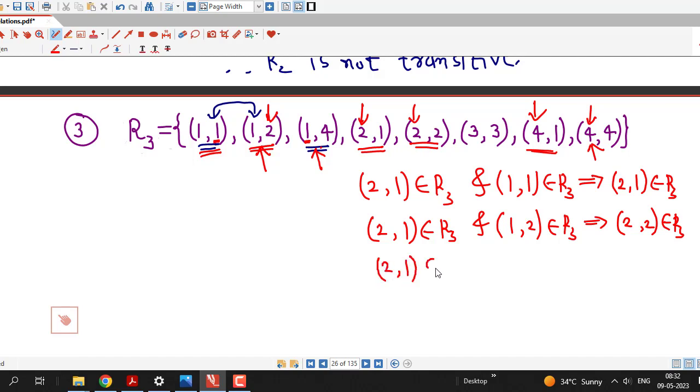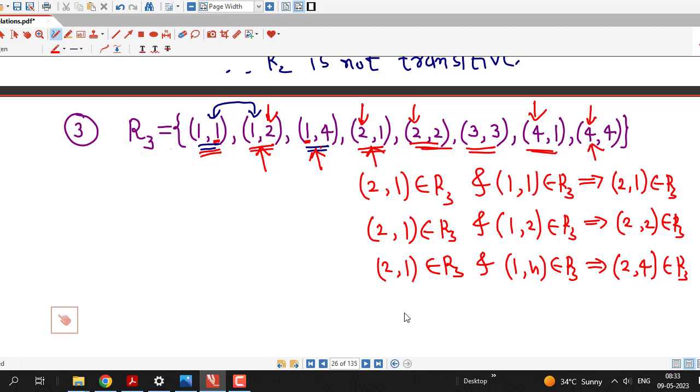Another combination: (2,1) belongs to R3 and (1,4) belongs to R3. So we must have (2,4) belongs to R3, and we can see (2,4) is not present here.